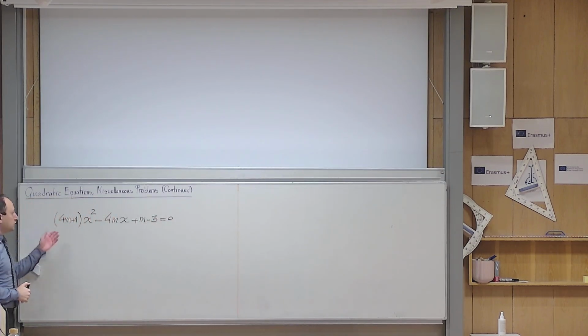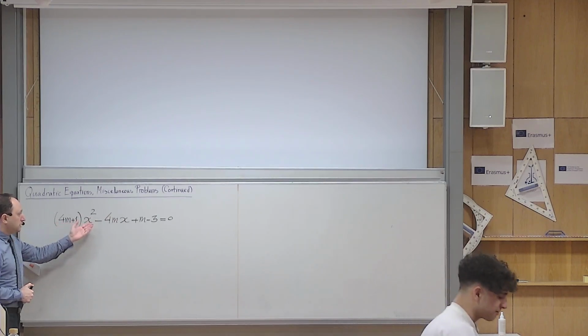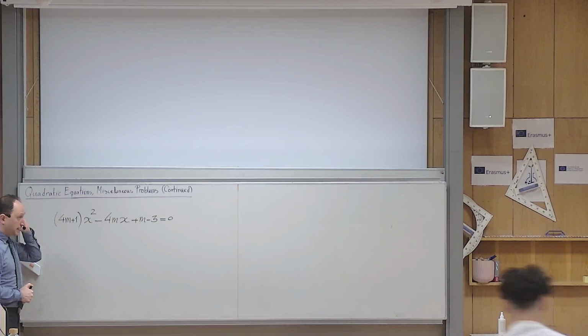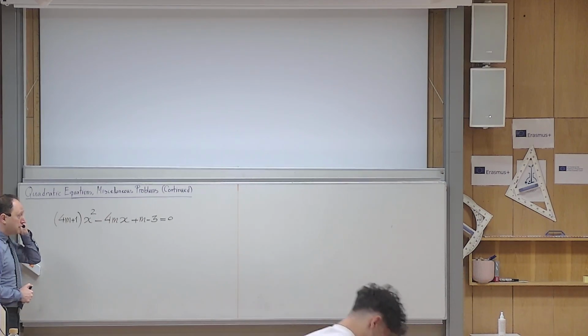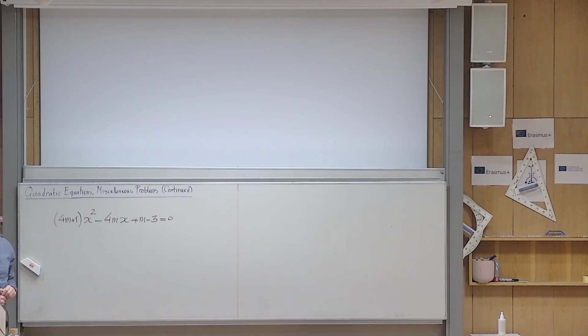I hope that now you remember these types of questions from the previous lessons. I want to repeat it here once more. I give you a quadratic equation with one parameter involved, m, and I am asking you to find all possible m's for which this quadratic equation has two roots.